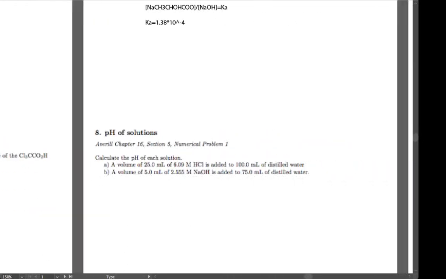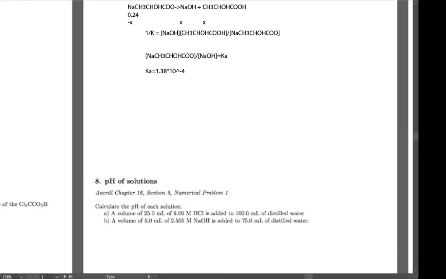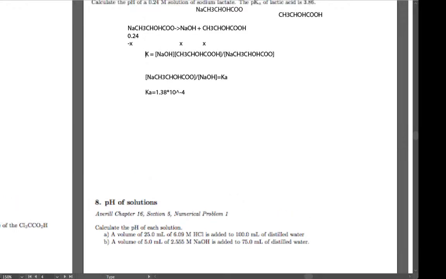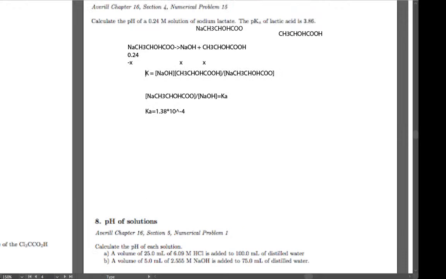And this guy here was the one that got me stuck, but I now know how to actually solve this question. Basically, sodium lactate, add that to water, H2O.